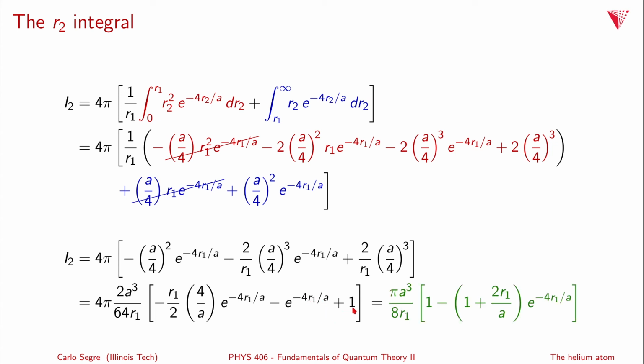And just doing a little bit more rearrangement, I get pi a cubed over 8r1 in front, times the quantity 1 minus the quantity 1 plus 2r1 over a, times e to the minus 4r1 over a. And this is the result for integral 2.